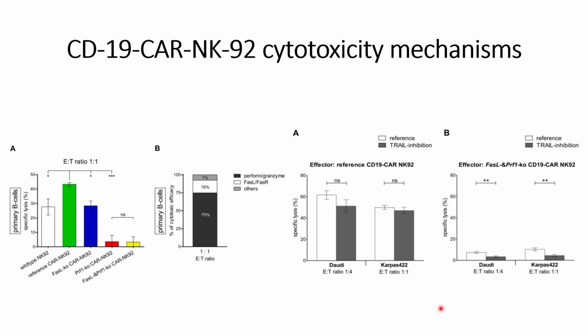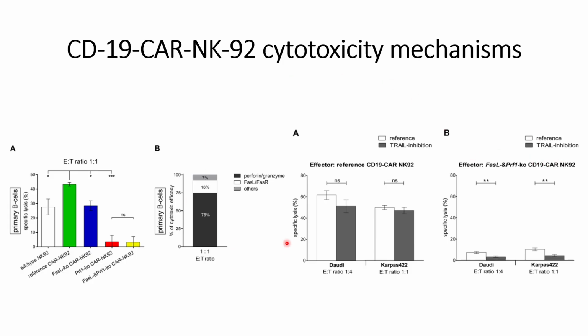So these are the two ways. From figure 4, they confirmed their cytotoxicity contributions by the two major pathways, and figure 5 is an attempt to find out what the other cytotoxicity contribution pathways are, out of which they see small, subtle but significant contributions of the TRAIL inhibition pathway.